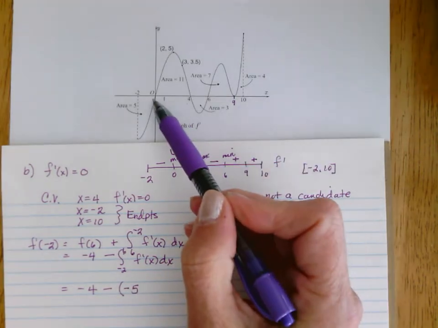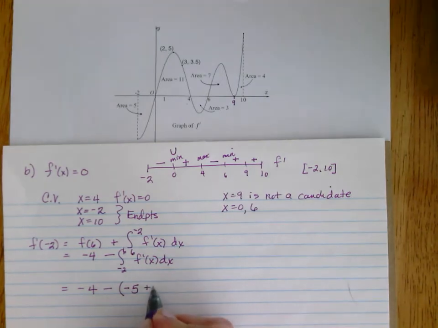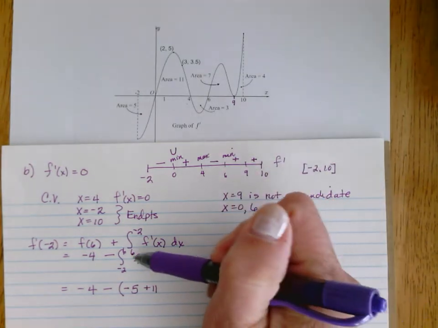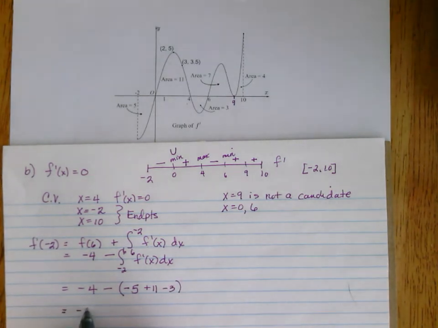And then from 0 to 4 is positive 11. And then from 4 to 6 is a -3. So add all of that up, and we get -7. So f of -2 is equal to -7.